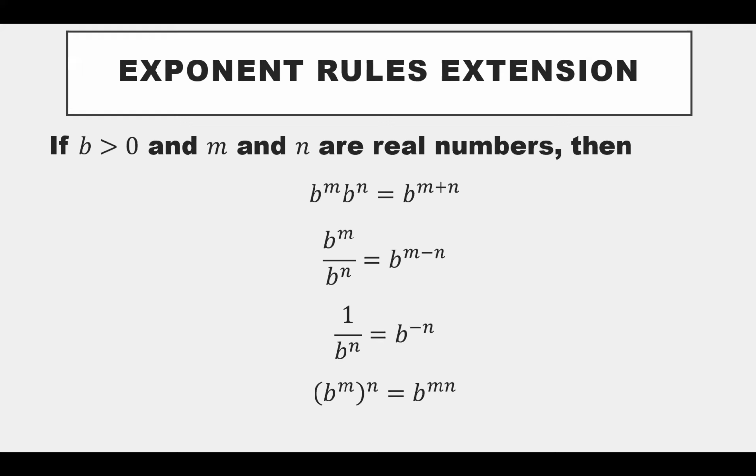And we get b to the mth power times b to the nth power is b to the m plus n. b to the m divided by b to the n is b to the m minus n. 1 over b to the n is b to the negative n. And then b to the m raised to the nth power is b to the m times n power. So all of my exponent rules work as long as my base is positive and my m and n are real numbers.